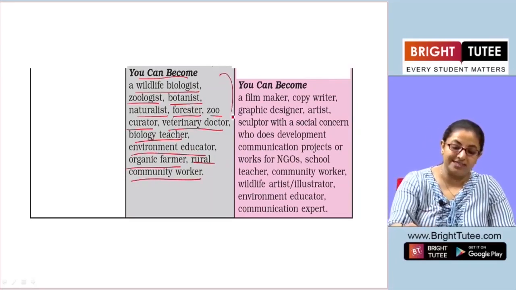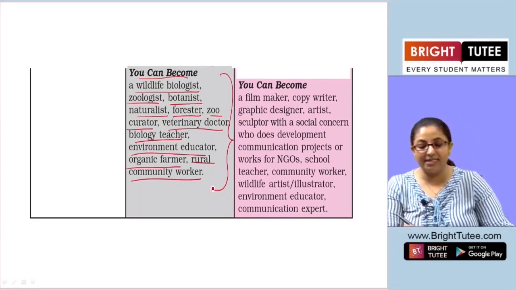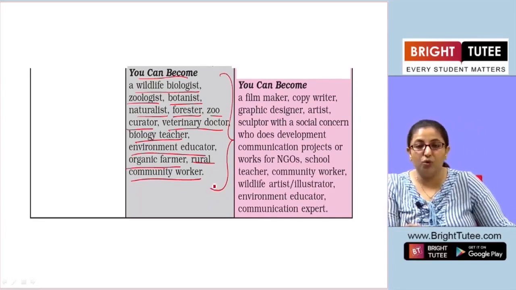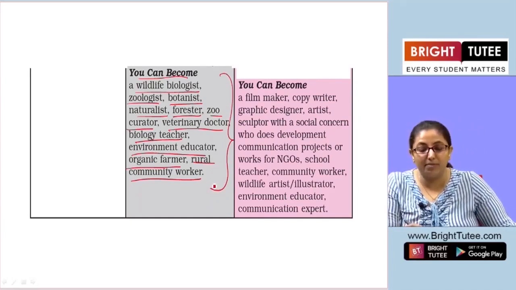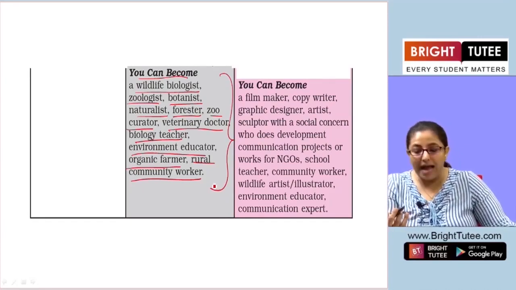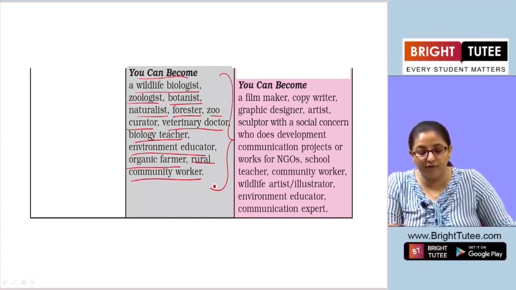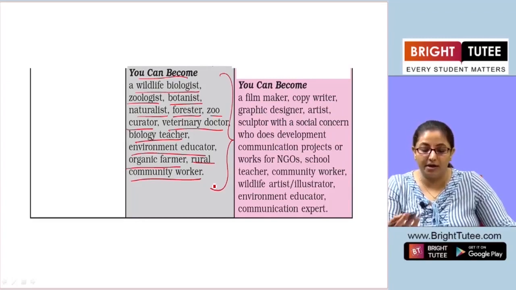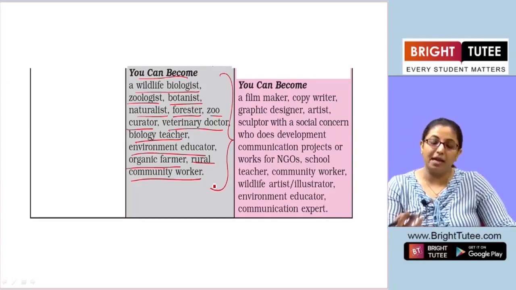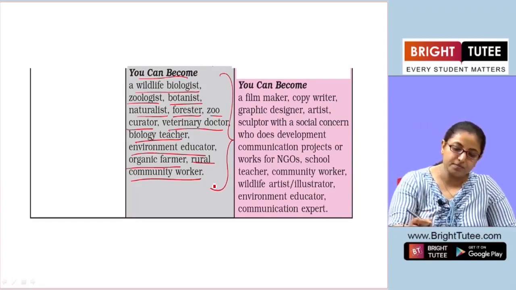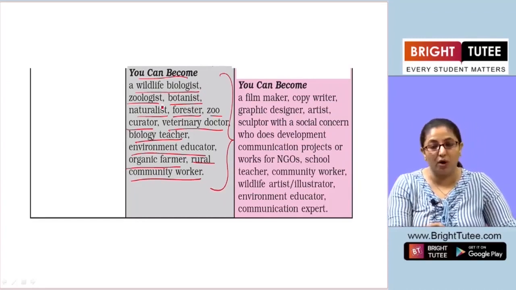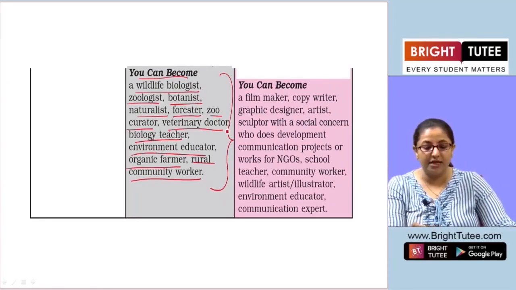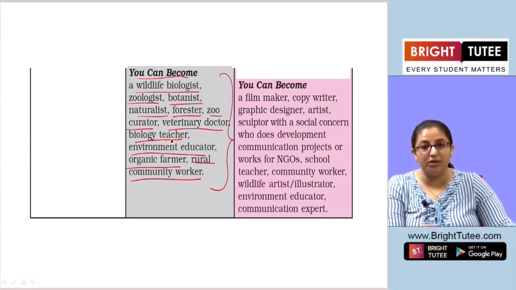If you notice, all these activities are generally related to nature, the environment, the animals, the flora and fauna. So these people can become good wildlife biologists, zoologists, naturalists, foresters, veterinary doctors, biology teachers.